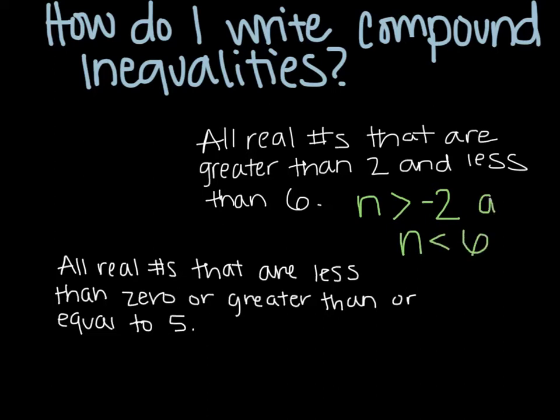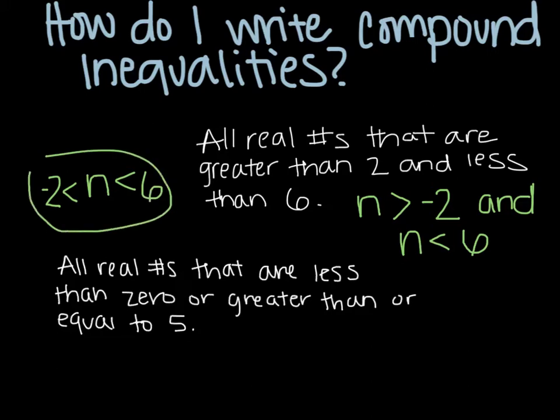So because both of these things are true, we can actually write it with your variable in the middle, and then your other numbers, you want to write it numerically correct. So that's why I started erasing the -2. You want the -2 on this side, n is greater than that, and then n is less than 6. So this would be your compound inequality.